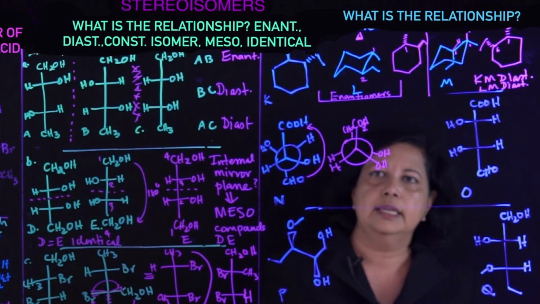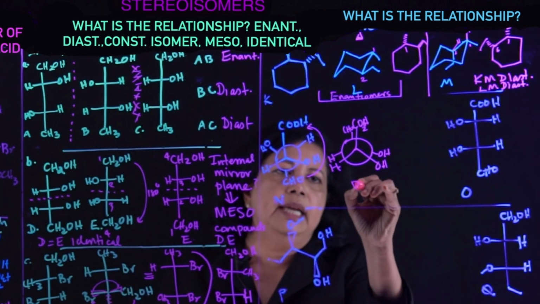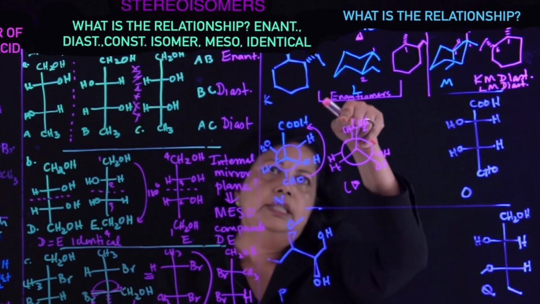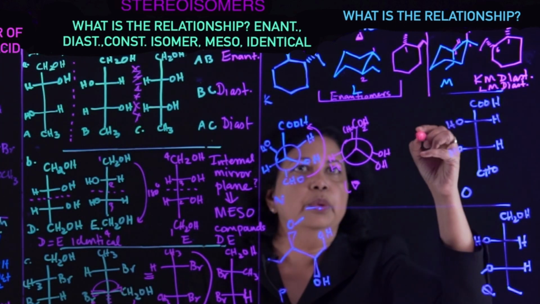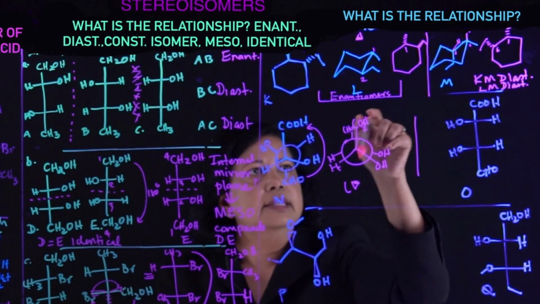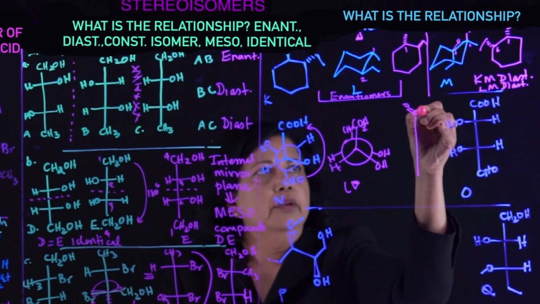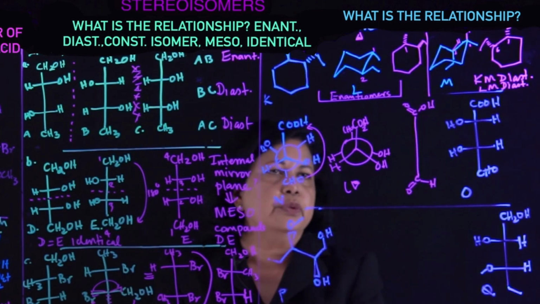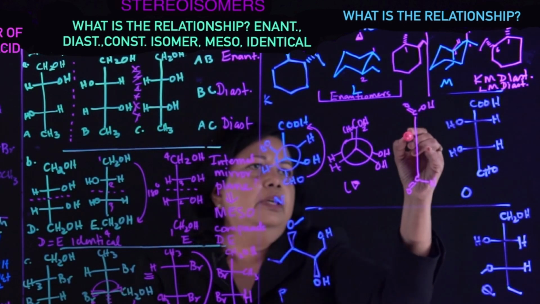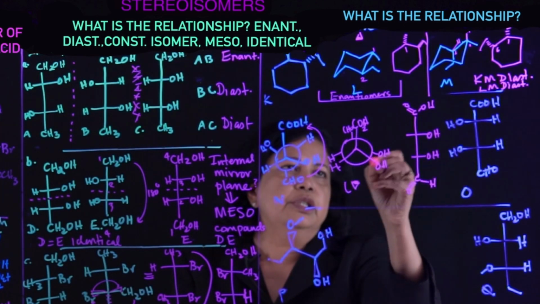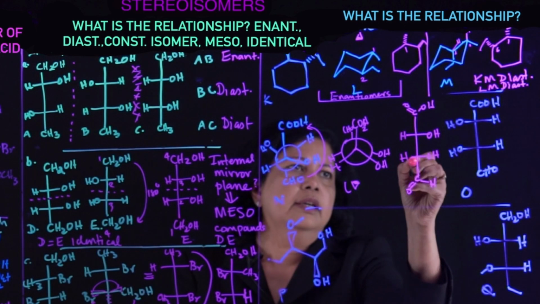Everything goes 180. Now you can look at it belly up. Look at it like this. COOH and CHO are going away from you, which is what it is on a Newman. So this and this are going to be going away from you, and CHO. I'm just writing it out. OHs are going to be to your right. Hydrogens are going to be to your left.